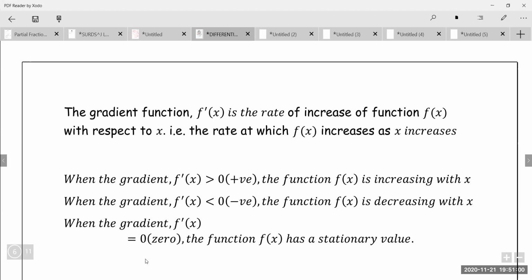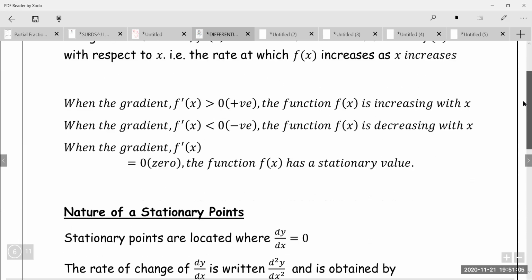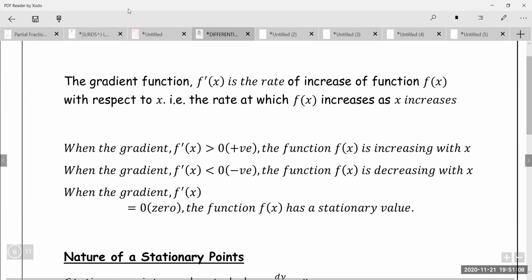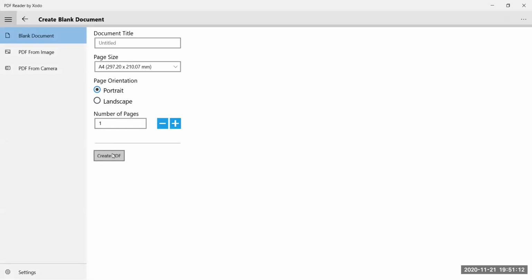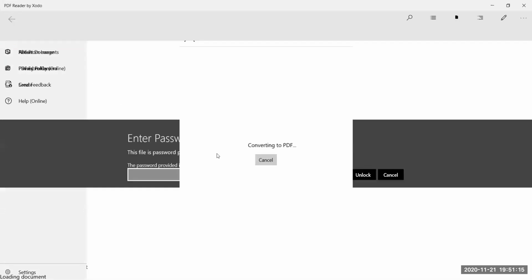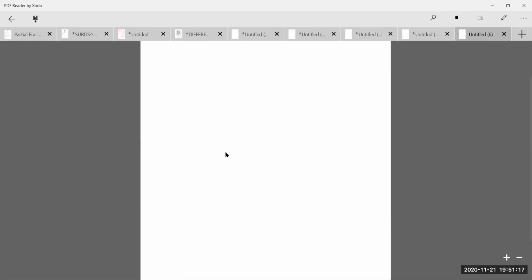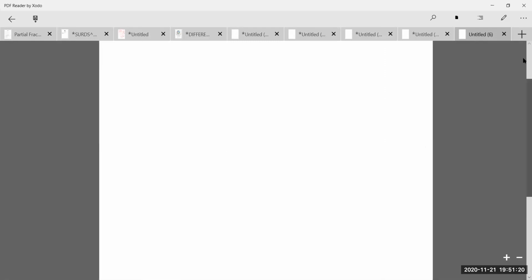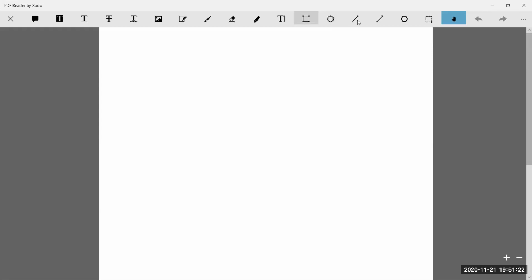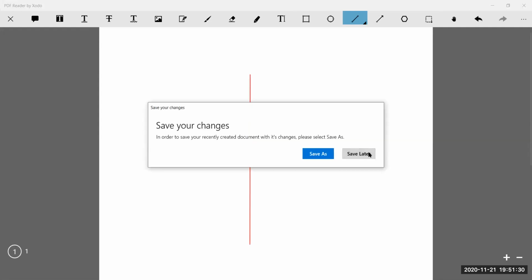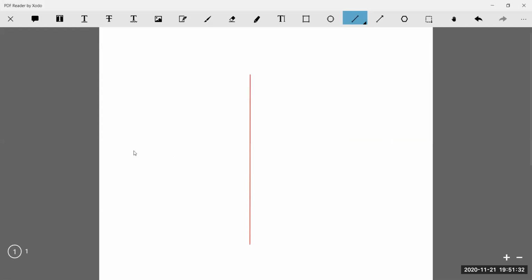And when f prime of x is equal to 0, we say that the function is stationary. So I'm going to show you a graph first. So look at this now.